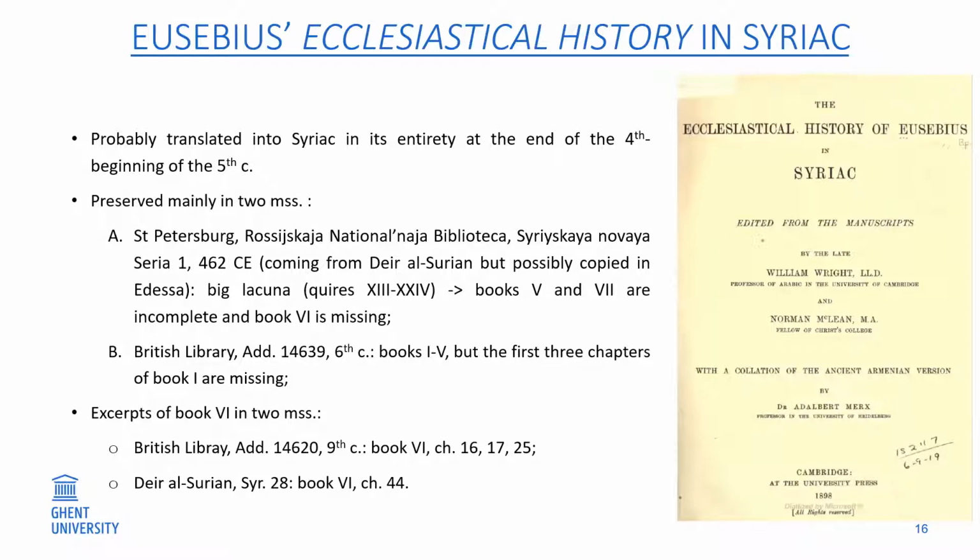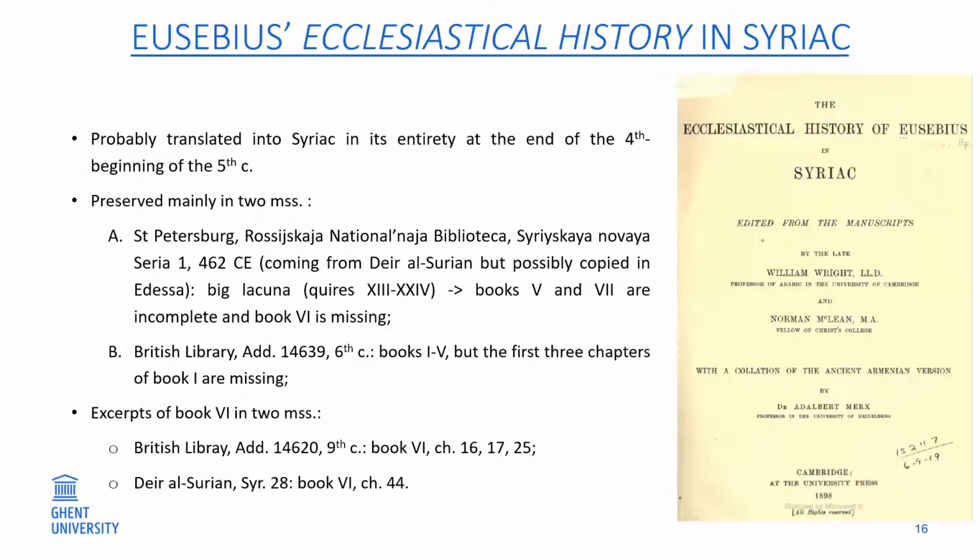However, manuscript A has a big lacuna after folio 84, so books 5 and 7 are incomplete, and book 6 is missing altogether. Whereas manuscript B only has books 1 to 5, with the exception that the first 3 chapters of book 1 are missing. So we can see that none of the more extensive manuscripts have book 6.